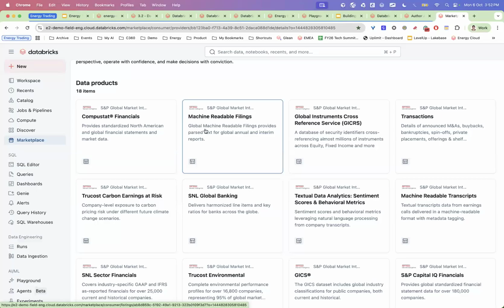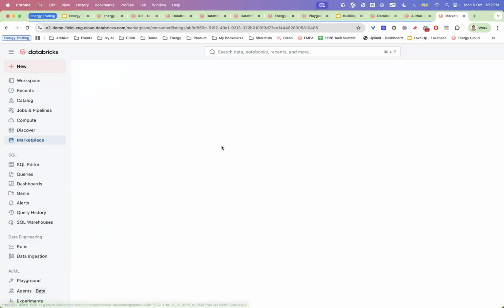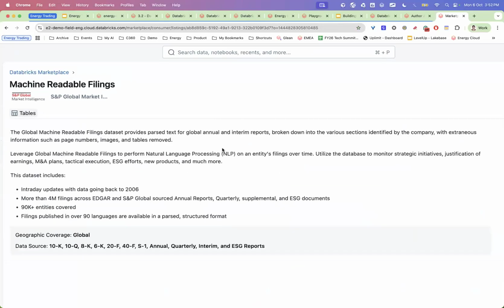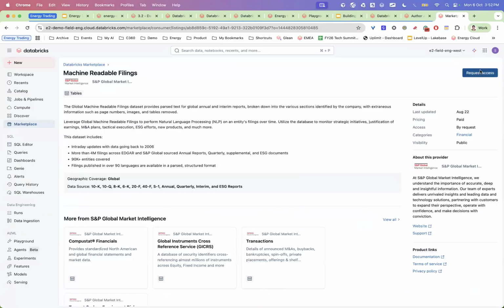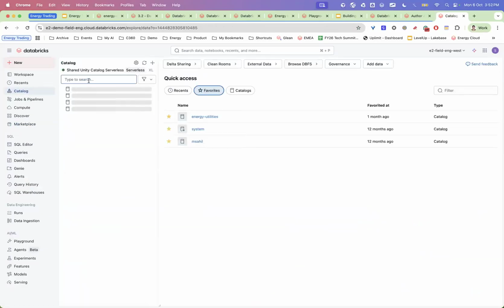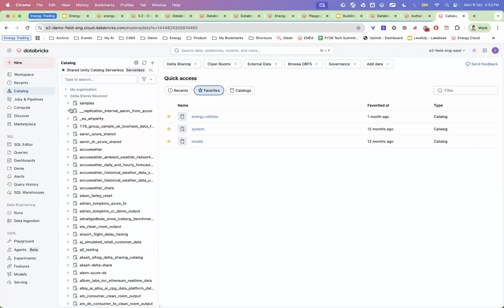If you need market readable filing, you click on this, and this uses data sharing. You can request access to this data. They would review your request. This is obviously paid data, so you'll have to work with them. But all this data is available to you on the marketplace. You request access, they review it, approve it, and then the data would be available to you in Unity Catalog, just like any other table. So there is this Delta Share received. This is where you would see your market data.